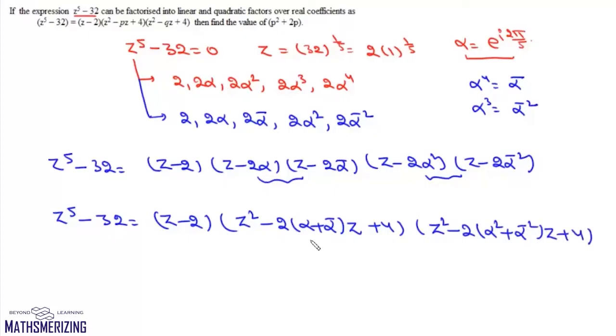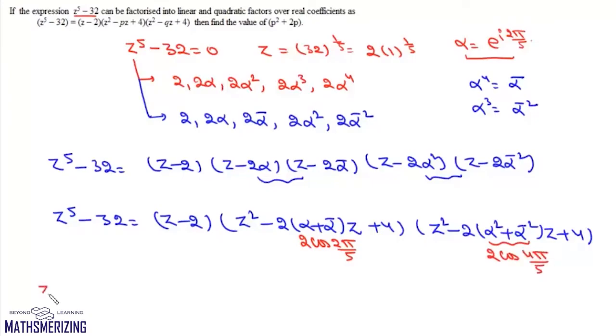Now alpha plus alpha bar is 2 cos 2 pi by 5, and alpha square plus alpha bar square is 2 cos 4 pi by 5.